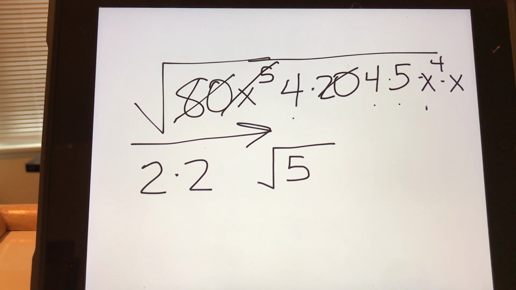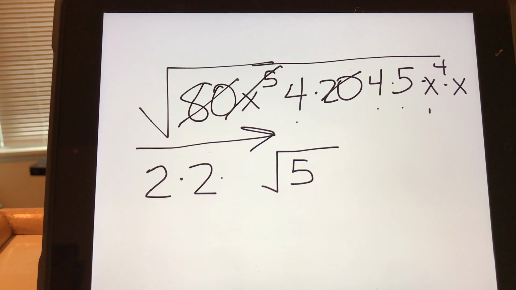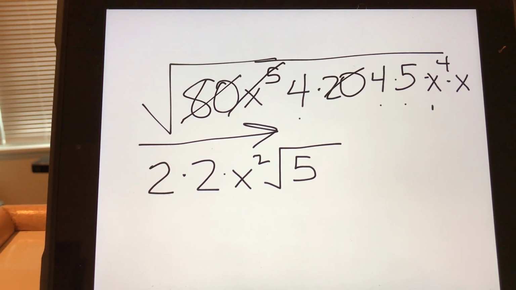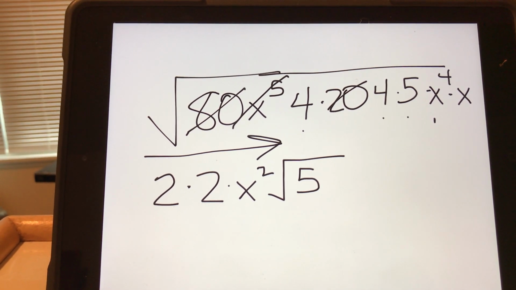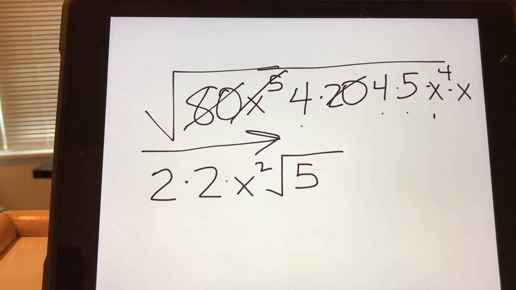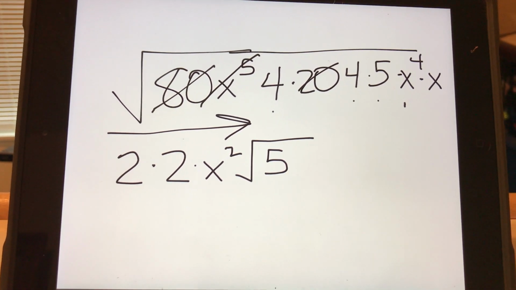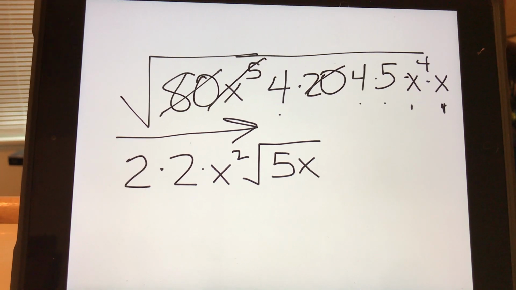The square root of this, x to the 4th, is x squared. If you have trouble remembering that, think about your rules of exponents. What times itself is going to give me x to the 4th? Well, when I multiply like bases, I add the exponents, right? So x squared times x squared is x to the 4th. And then this last x here has to stay in, because there's no square root of x there.